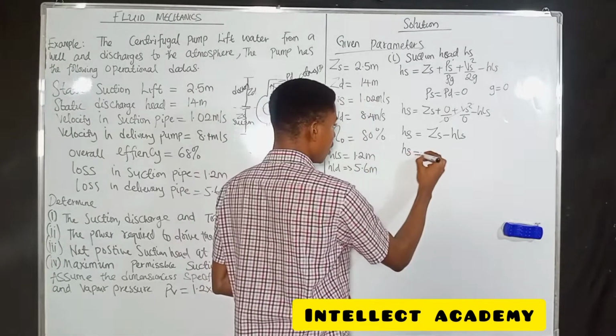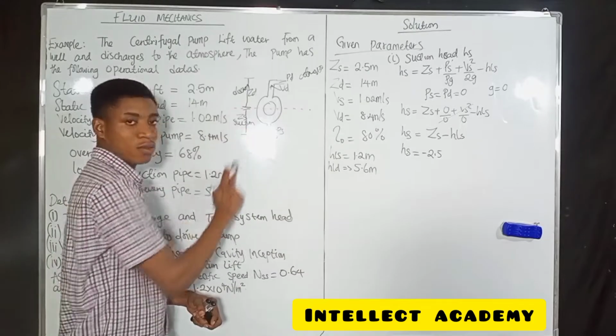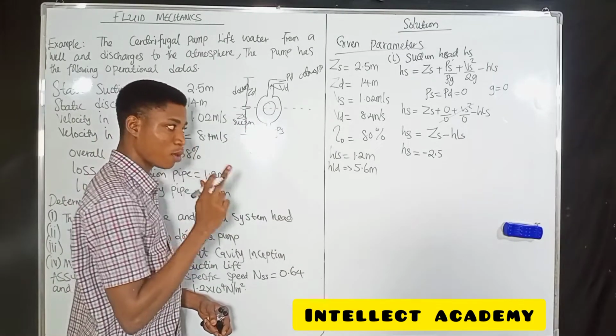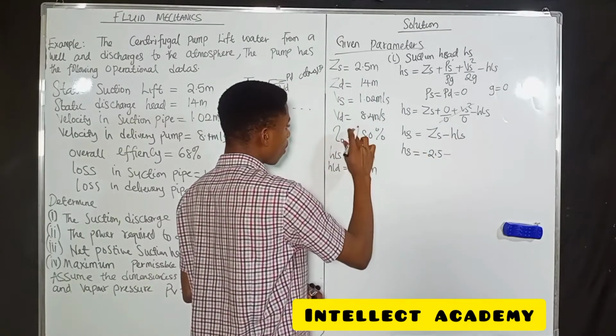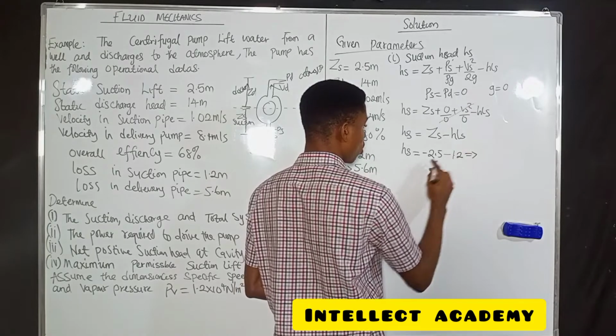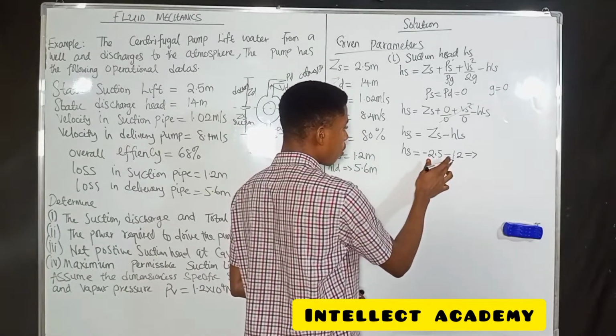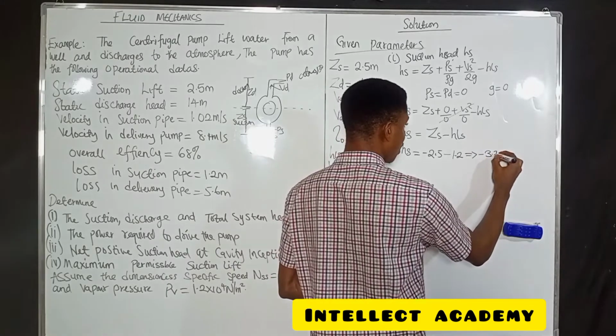We're going to call it negative 2.5 because it's below the datum line. Very, very important. So we're having negative HLS, which is 1.2, which will result in negative 2.5 negative 1.5. This is going to give us negative 3.5 meters.